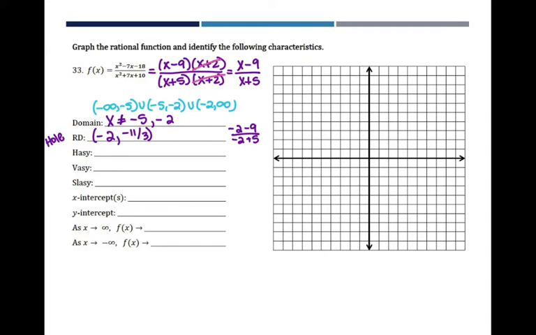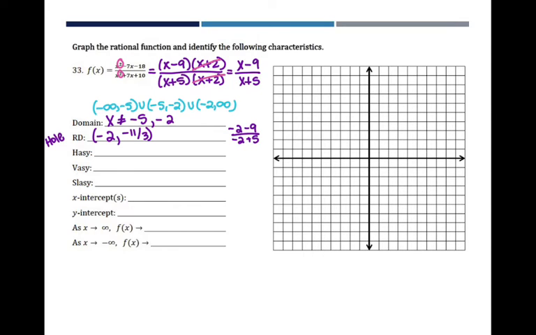Now, for your horizontal asymptote, there are 3 scenarios for your horizontal asymptote, also known as your HA. It all depends on the degree of the numerator versus the denominator. So if I look at my original function, degrees are your highest exponent, or it's the number of factors that you have. So in this case, my degrees are the same.